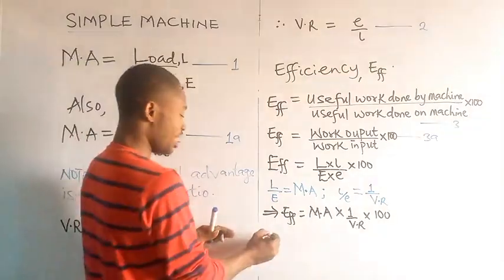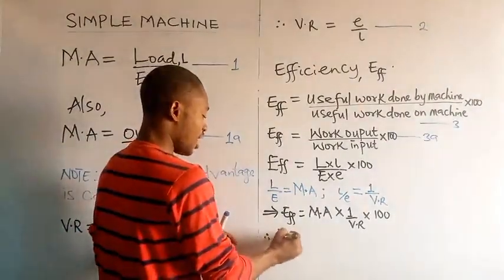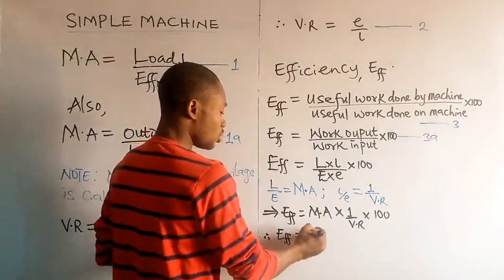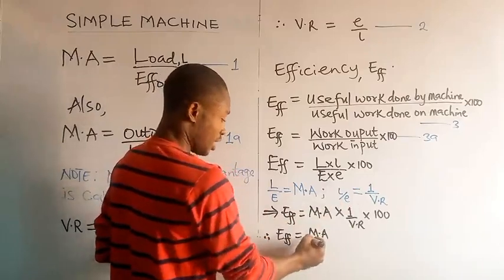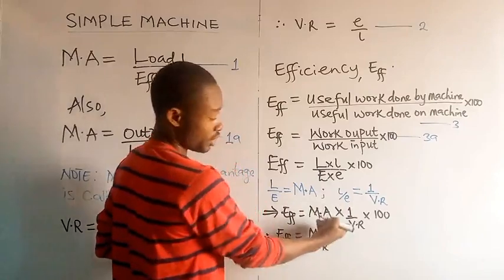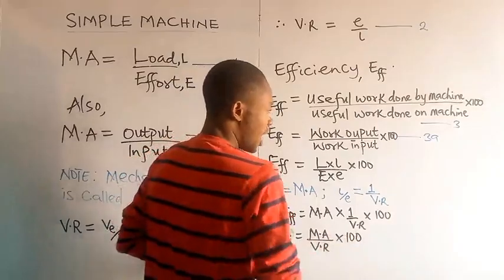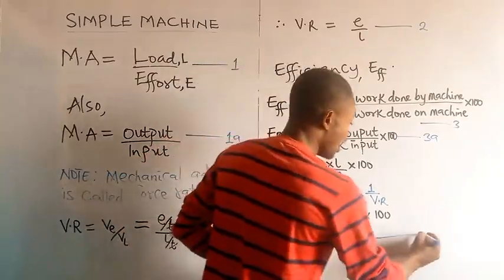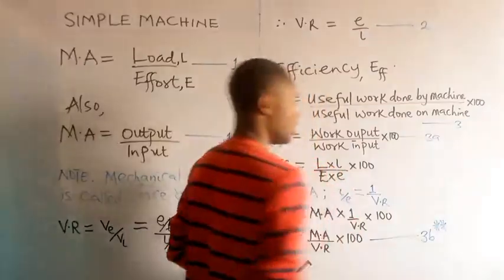So we can conclude therefore that efficiency can take this formula again. Efficiency of a machine is equal to mechanical advantage times 1, which is the same as mechanical advantage, divided by velocity ratio, because this is 1 over velocity ratio. Then multiply by 100. And this is the basic formula for efficiency of the machine.